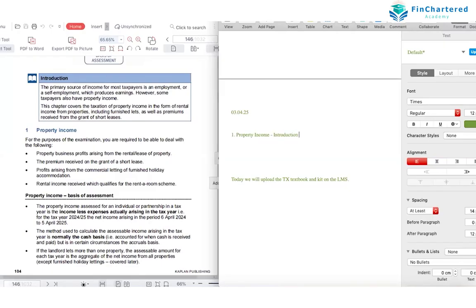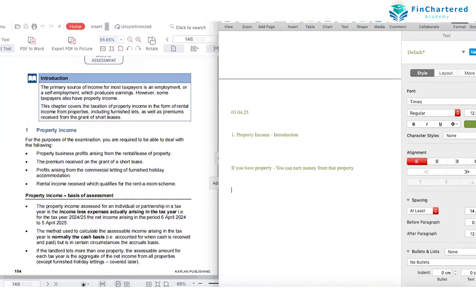What is the introduction? See, if you have property, it could be single or plural, you can earn money from that property. Now, is this a very big revelation? Is this something you didn't know before? No, you knew this, right?